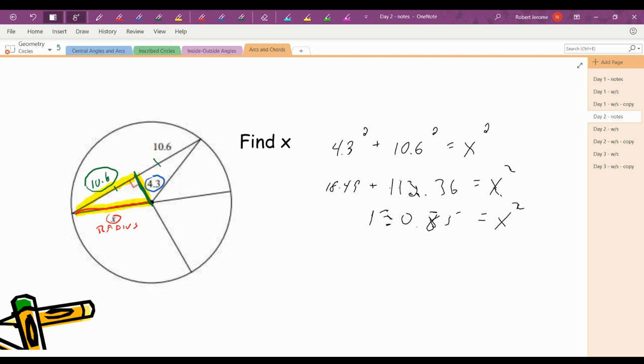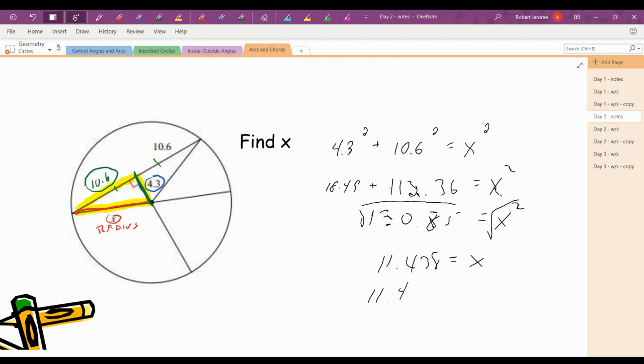So we're going to do that. We're going to take the square root of both sides, and we're going to get x equals 11.438. And depending on directions and rounding, we might just go with 11.4. So it just does depend on rounding.